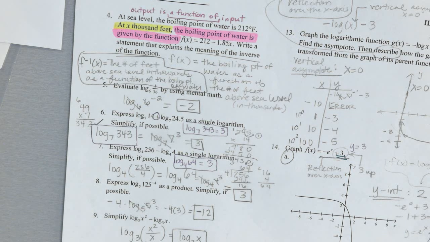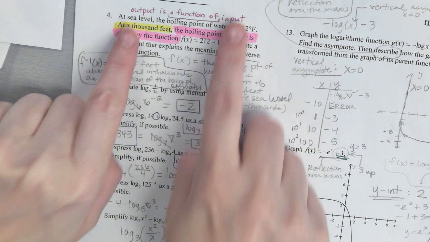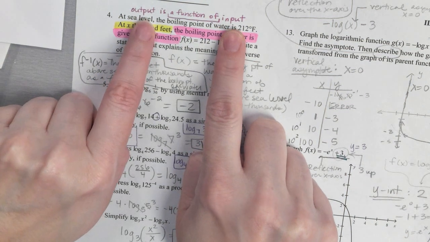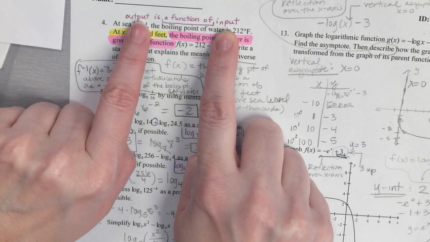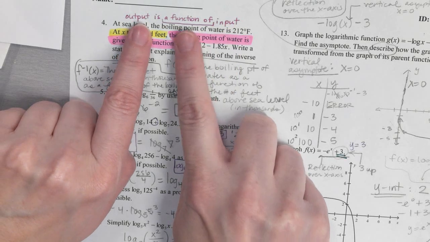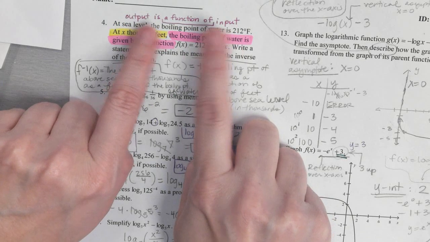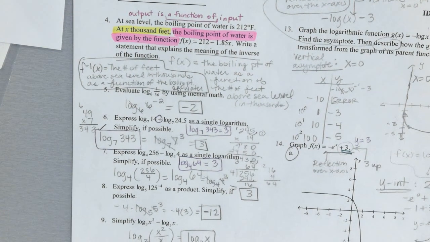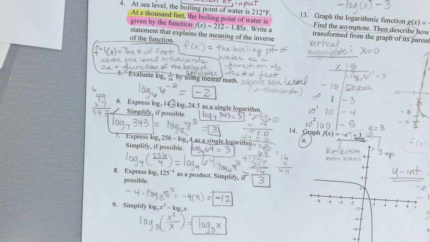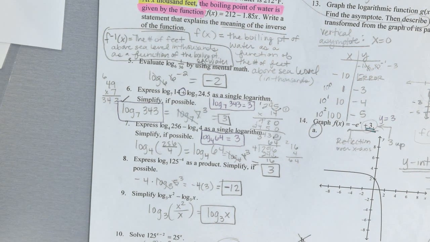When you are doing the inverse, the output and the input switch. The way this is on your test, it's the same language. In the middle, it should say "is a function of." You just have to switch the input and the output. And the nice thing about the multiple choice is you'll be able to see what the two values are.